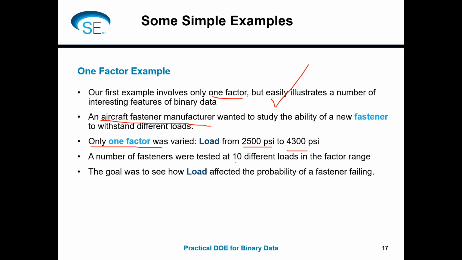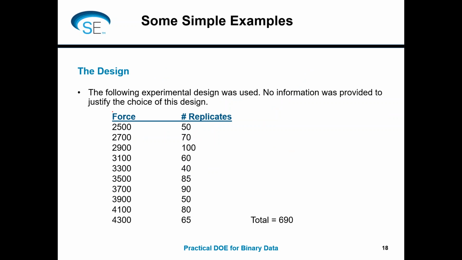So they'd make a fastener, test it, make a fastener, test it, and so on. Make a fastener, set the load, see if it passed or failed. Make another fastener, set the load to something else, check if it passed or failed. They actually did this 690 times. And this is the experimental design that they used.